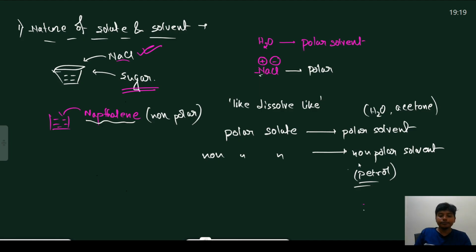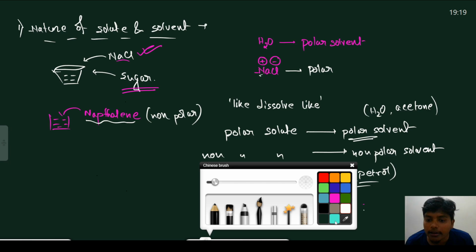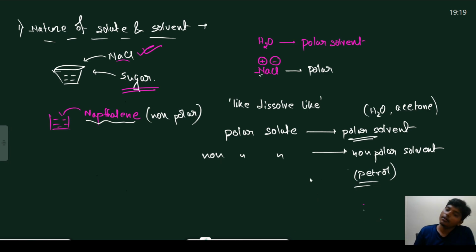Yes or no? So generally NaCl and all polar compounds will dissolve in polar solvents, and non-polar compounds will dissolve in non-polar solvents. This is how the nature of the solute or solvent affects solubility. Clear or not? Tell others. Kirti, Asmita, tell. You just have to check whether it is a polar solvent or not.